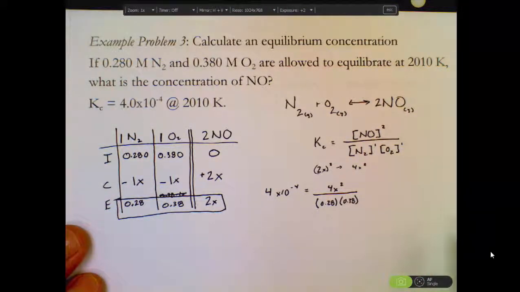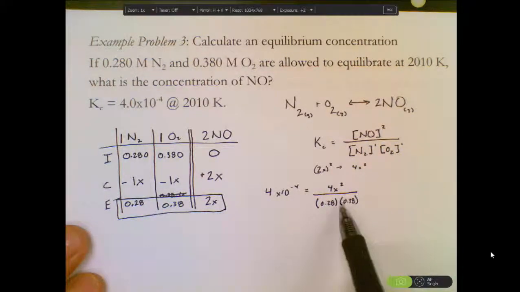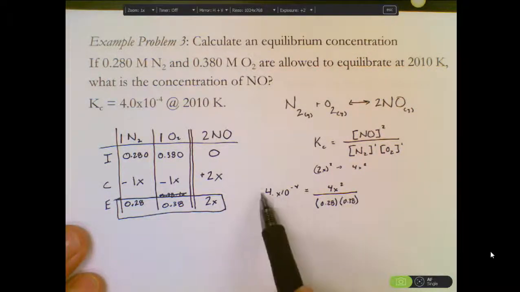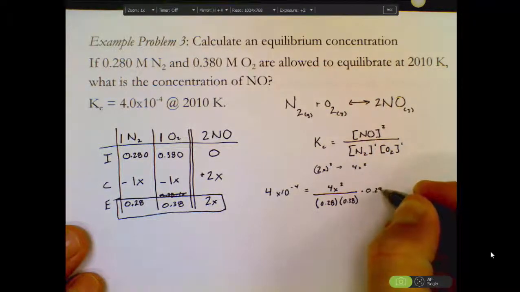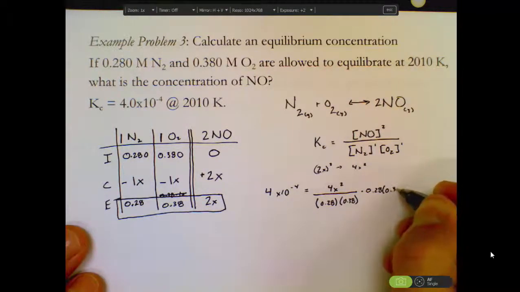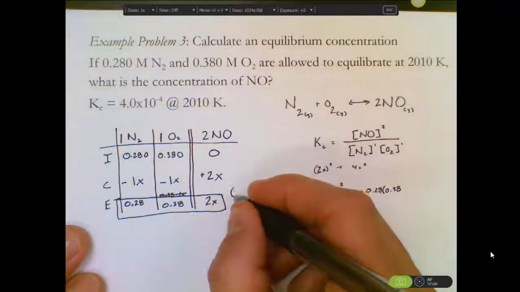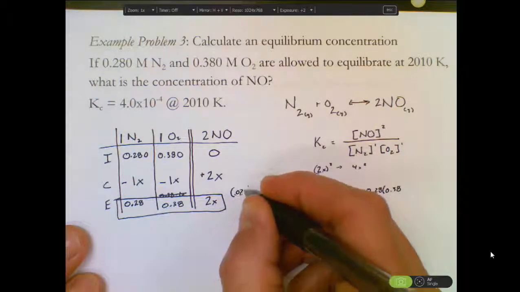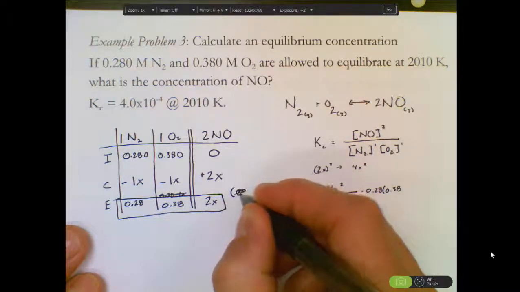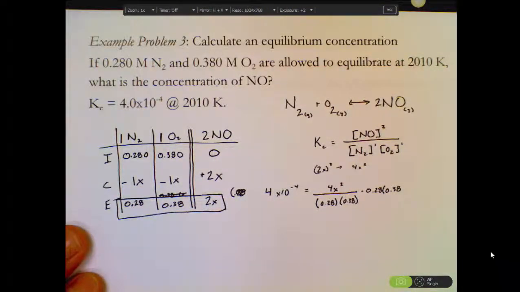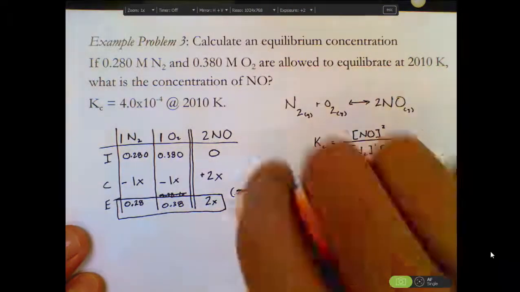Now, to solve for x, I'm going to need to move my denominator over to the other side of my equal sign. We do that by multiplying both sides by 0.28 times 0.38. Let me go ahead and erase that so that it looks a little bit neater.